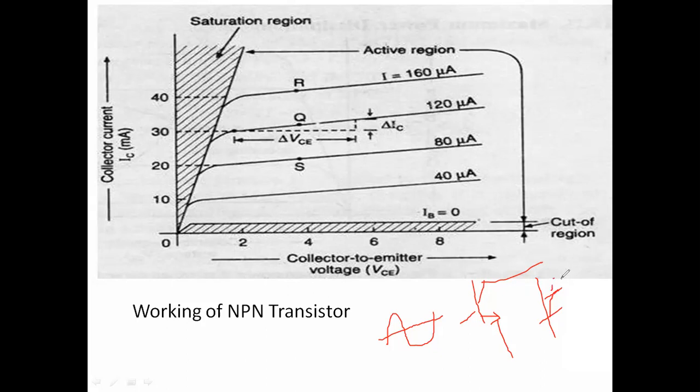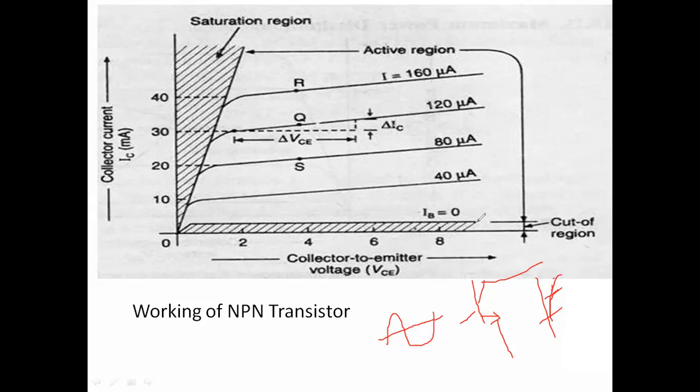That's why the transistor output is not the same as the input. The transistor's main function is to increase the amplitude, but the shape of the input signal should remain the same and not change.